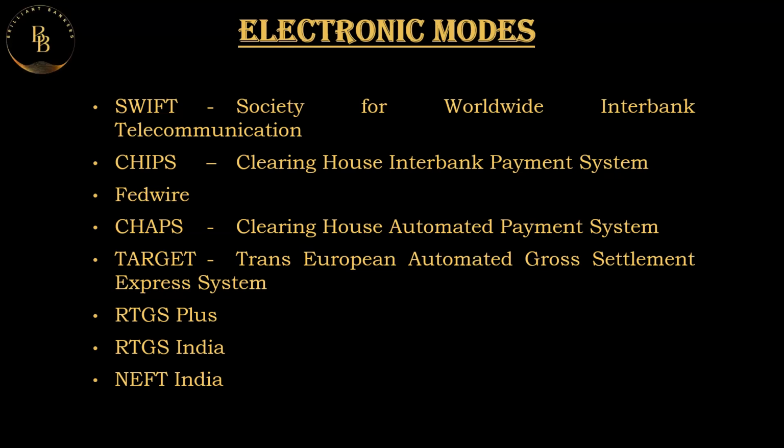Lately, the system that is being used is TARGET 2. Use of TARGET 2 is mandatory for the settlement of any euro transactions involving the Eurosystem. The Eurosystem consists of the European Central Bank and the national central banks of the European Union member countries that are part of the eurozone.